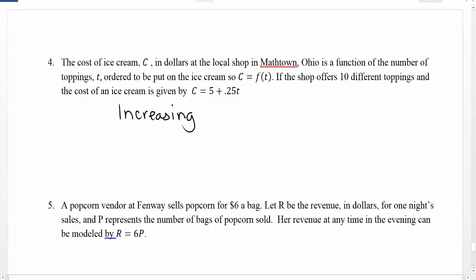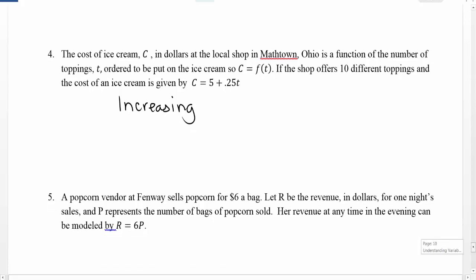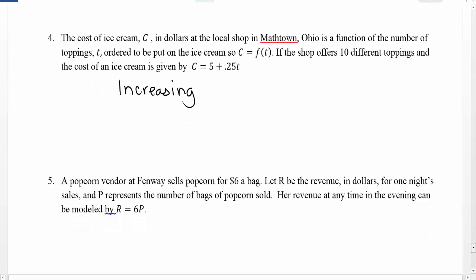Similarly, if I come down to my popcorn example, my function was that R equals 6 times P. Remember, R is revenue, the amount of money I take in, and P is the number of popcorn bags that my vendor sells. So here, P can take on integer values starting at 0 and going up to who knows how high, however many bags of popcorn she can hold in a night.